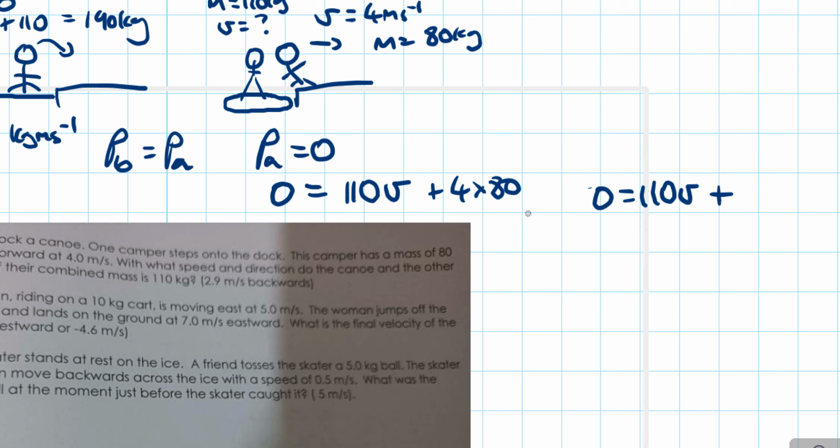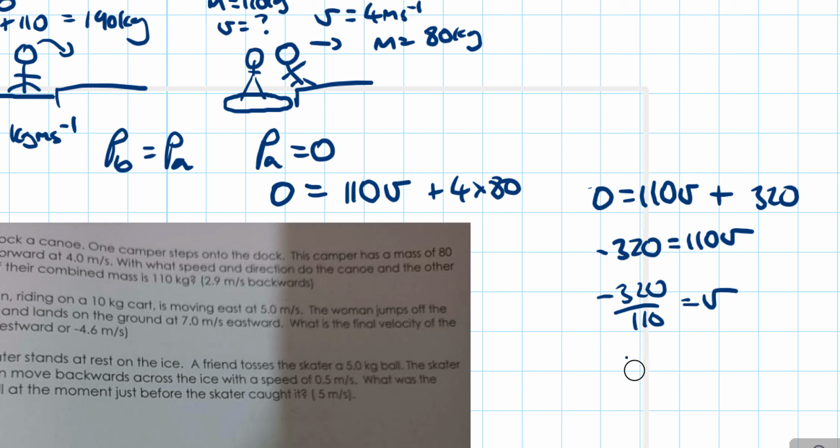Then we just rearrange: minus 320 equals 110V, so V equals minus 320 divided by 110, which gives minus 2.9 meters per second. The fact that it's negative is completely fine.